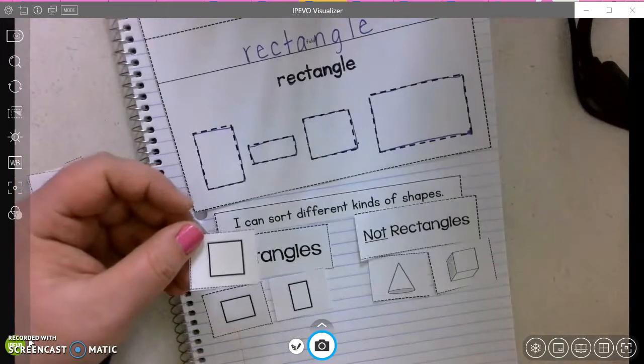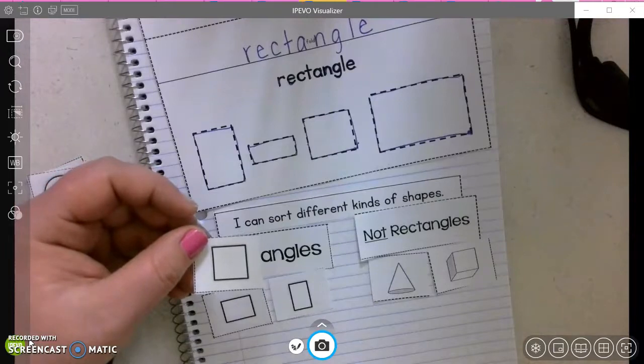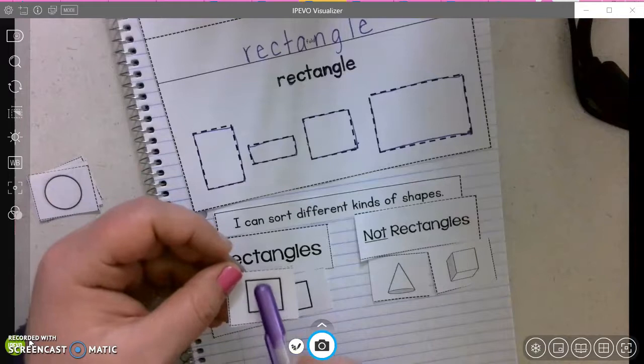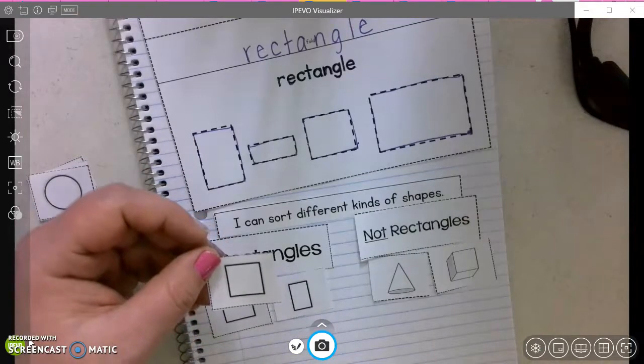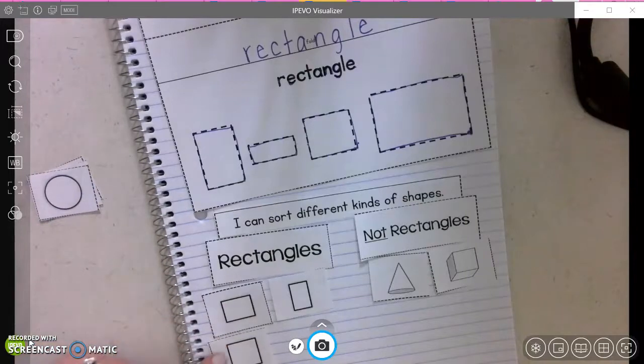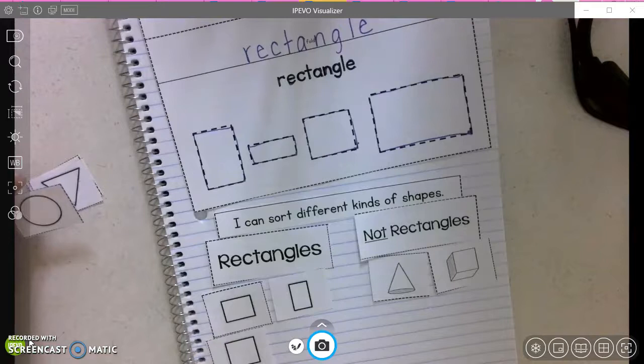It looks like a square, right? Squares can be rectangles because they fall in the definition of having 2 sets of equal sides, and these 2 sides are equal length. That is what makes something a rectangle. So this one is a rectangle. A rectangle cannot be a square though, because a square has to have all 4 sides the same length.